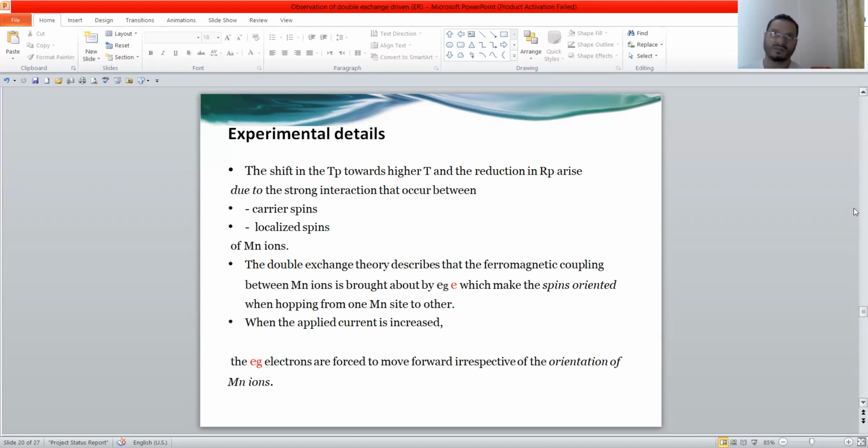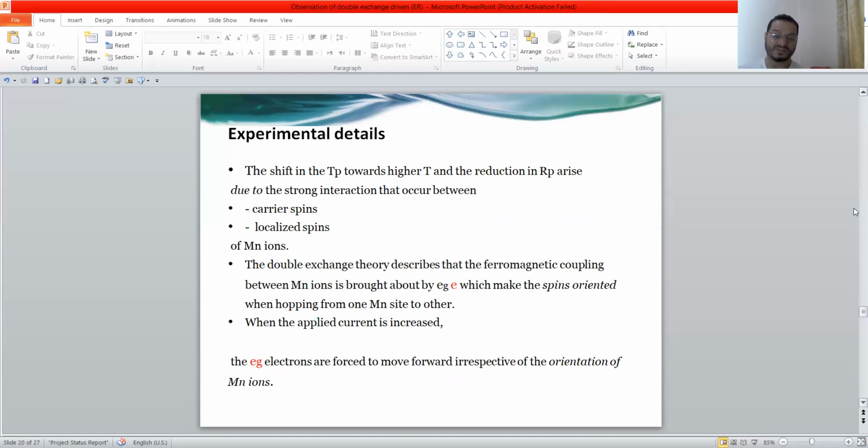That means from Mn 3 plus to 4 plus and from 4 plus to 3 plus.